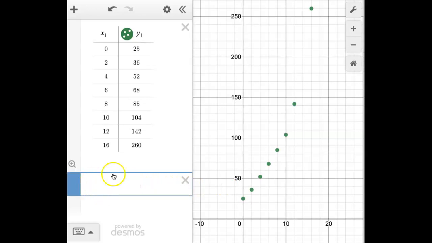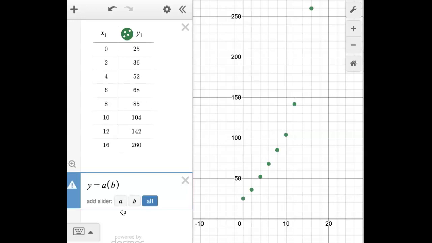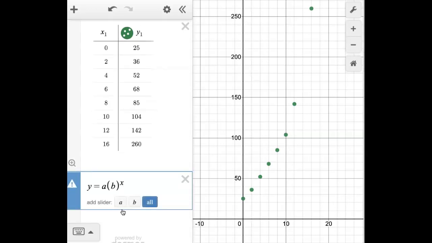So go to your next spot or next function, or whatever you want to call it here in DESMOS, and here's what you have to do. Since your inputs here are called x1 and y1, and I'm just going through those steps that are in that assignment, you're going to use the equation y equals a times b to the x power, and this won't give you an equation yet, though.